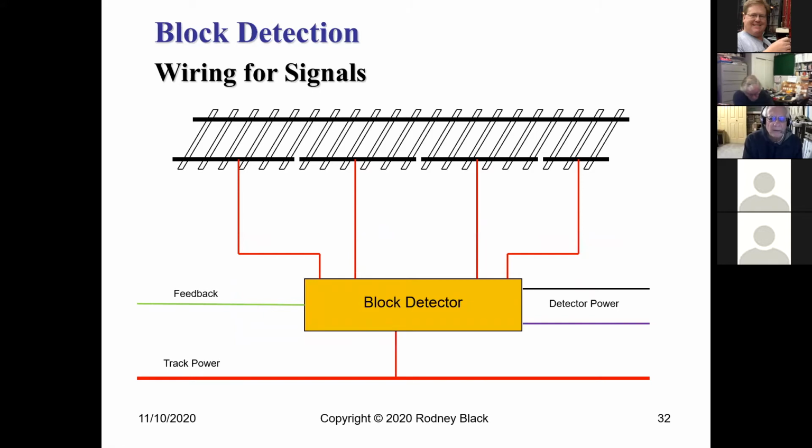You've also reduced the amount of wires you need for power and so forth. In addition, a board that supports multiple detectors tends to be cheaper than individual block detectors, simply because you get the advantage of sharing the power and the circuit boards and stuff like that.